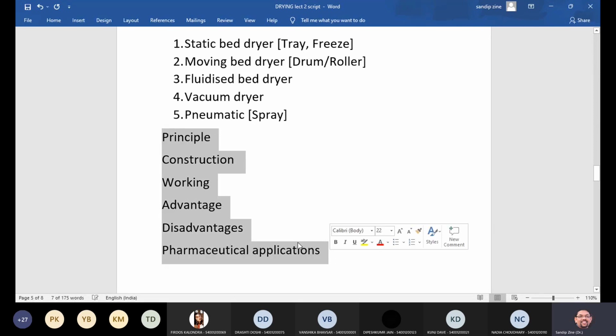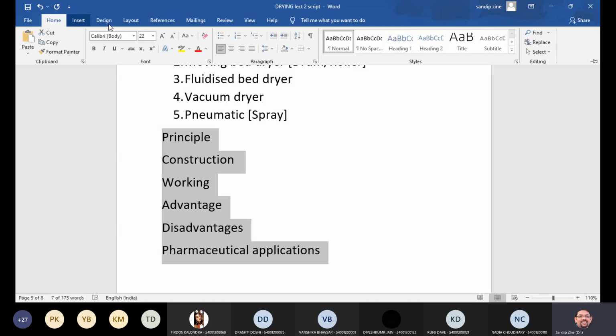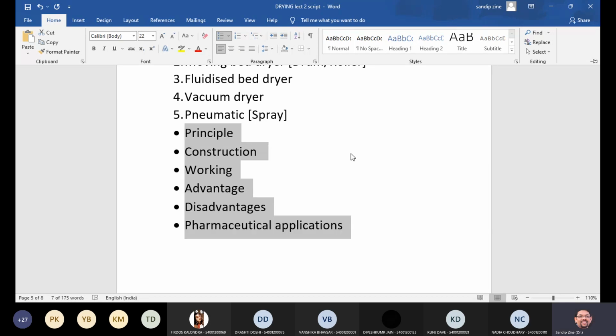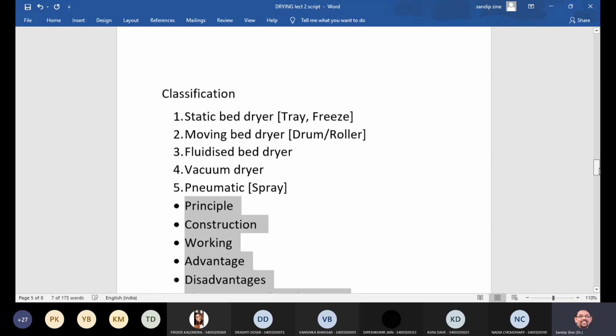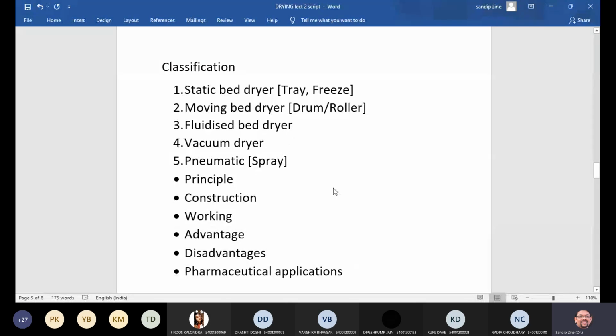Clear? So whatever classification we have mentioned, all these dryers in this 1 to 5, we will study based on these pointers.